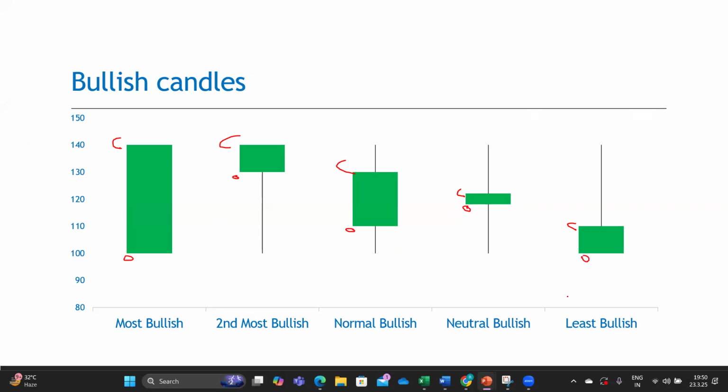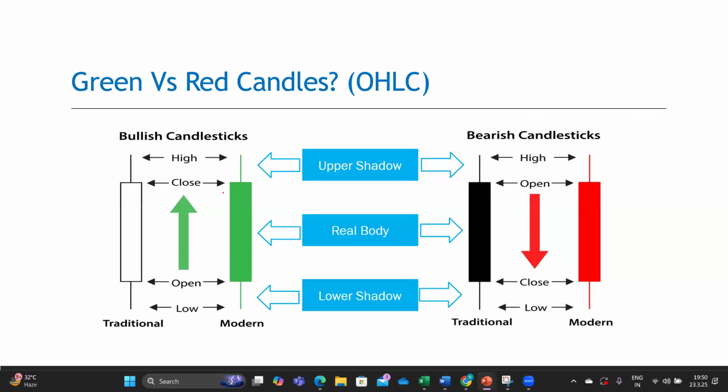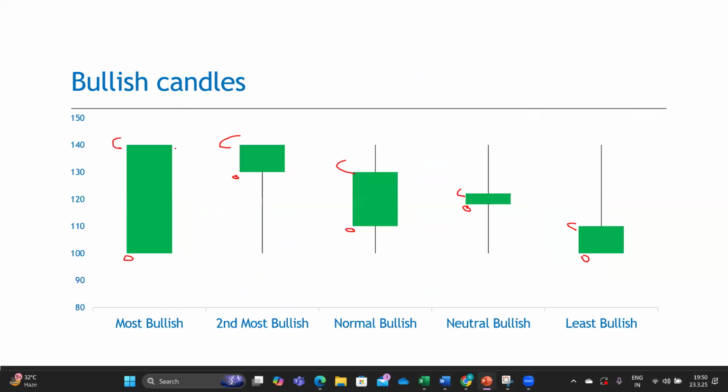In all the scenarios, close is higher than the open. Agree? On the left hand side, let's say you have the stop price. Now we had also discussed that these candles also have a wick, or the shadow, you call it. In this case, there is no wick. This means this is the most bullish candle.